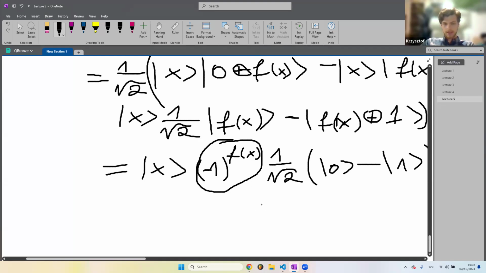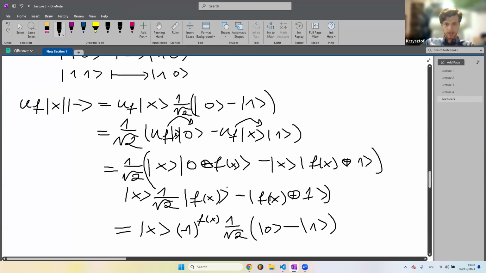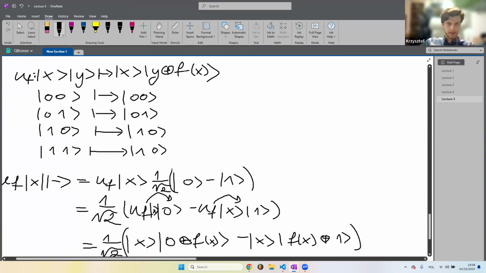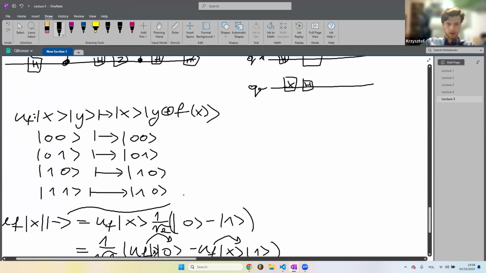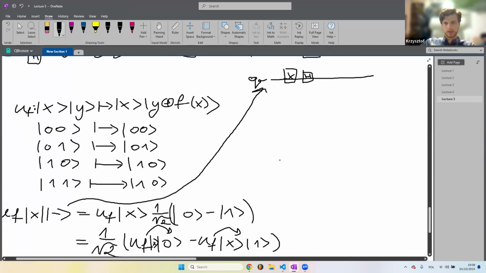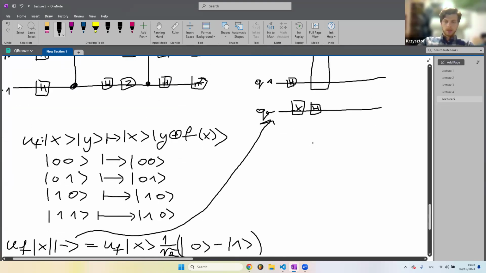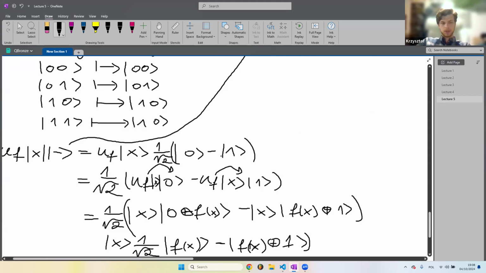So in this case, the x can have value 0, 0, and these are our two qubits, and this minus state will be our auxiliary qubit that will help us in our calculations to help us apply this unitary operator.